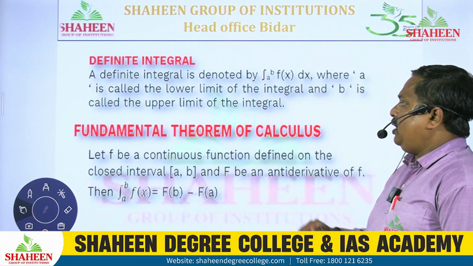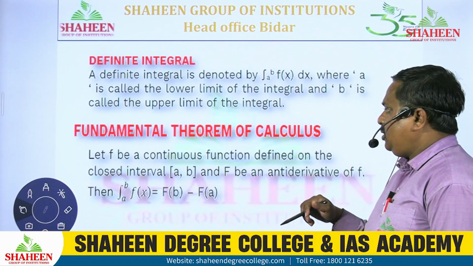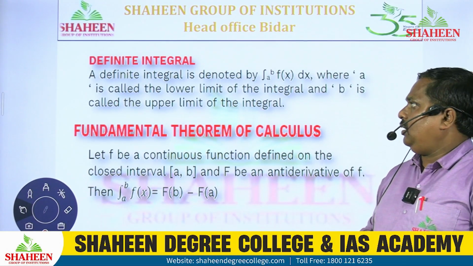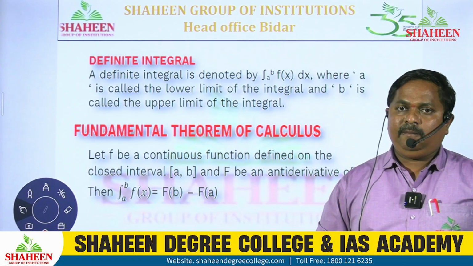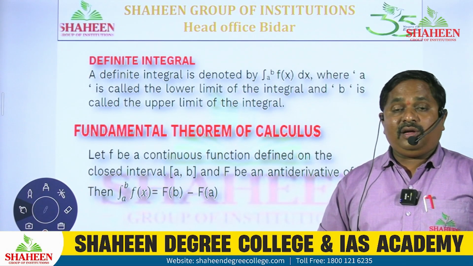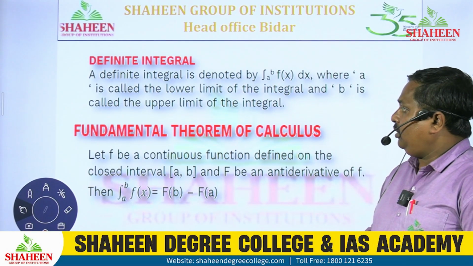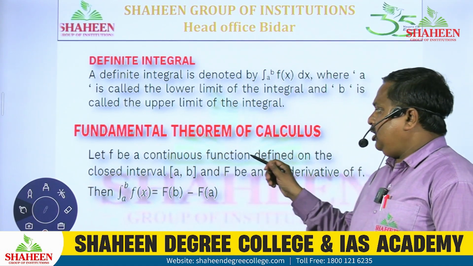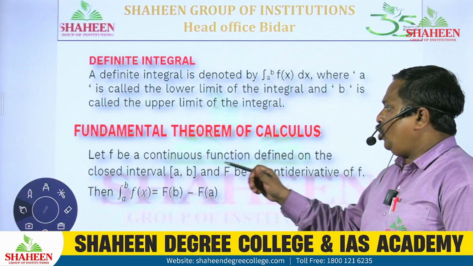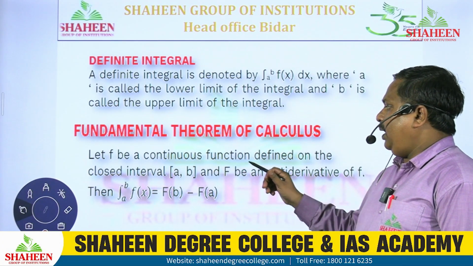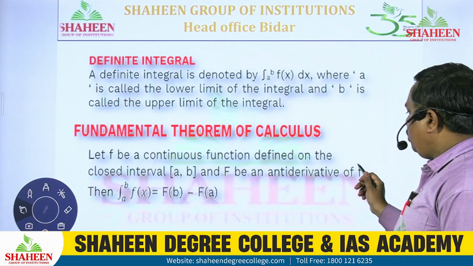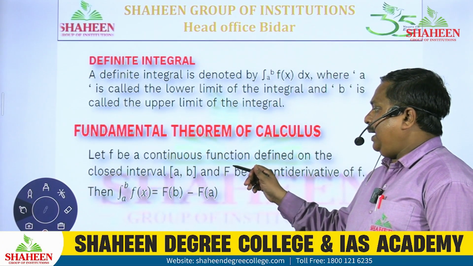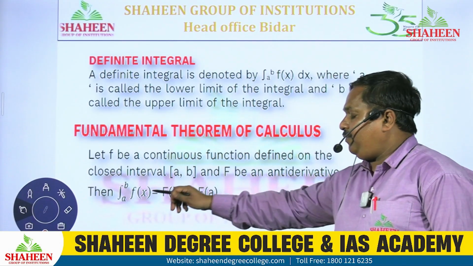Next, the fundamental theorem of calculus. To evaluate this definite integral, we have a method called the fundamental theorem of calculus. Let f be a continuous function defined on the closed interval [a, b] and F be an antiderivative of f. Capital F indicates the antiderivative of the given function small f.